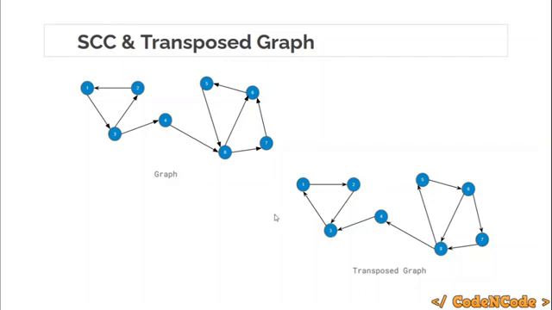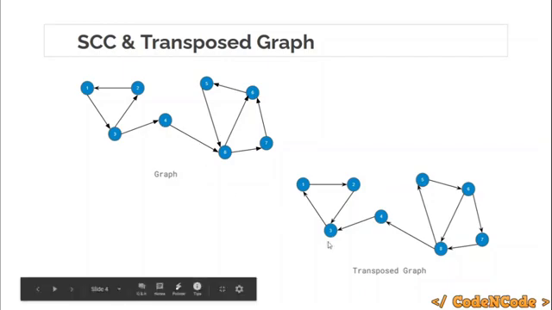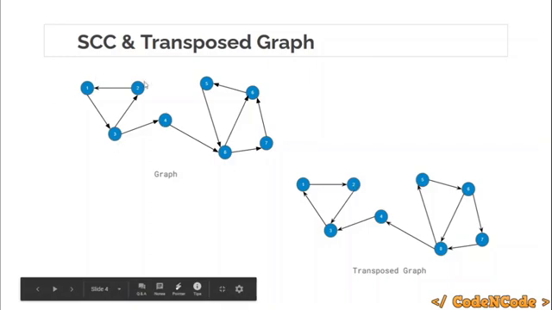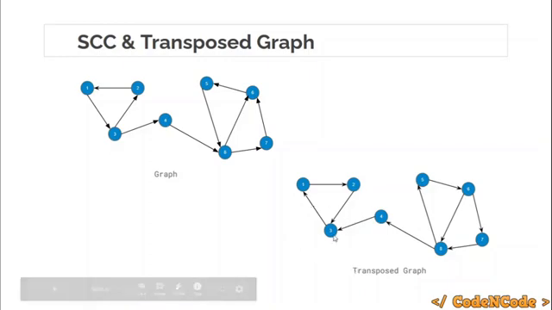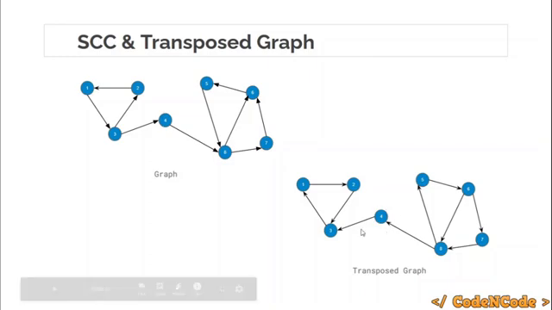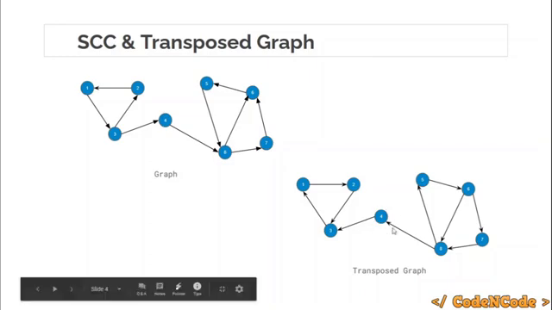Now if we take a look at the transposed graph, the strongly connected components do not change. So 1 2 3 were forming a single connected component in the original graph, and so they are in the transposed graph as well. 1 2 3 are still in the same strongly connected component. Similarly 4 was forming a separate strongly connected component in the transposed graph as well. It is forming a separate SCC.